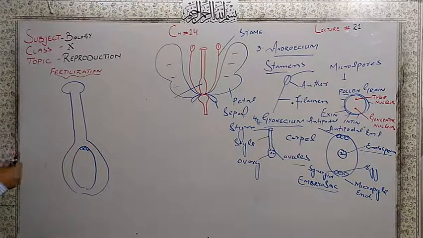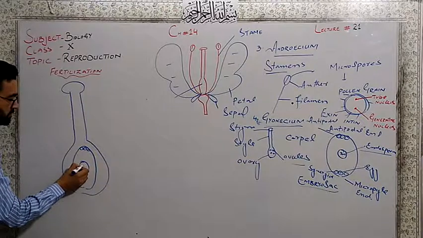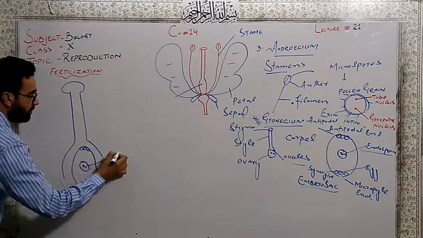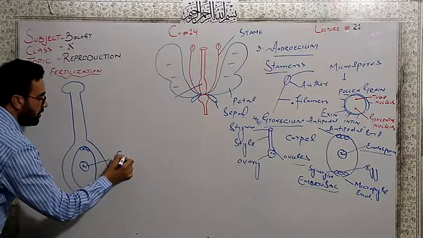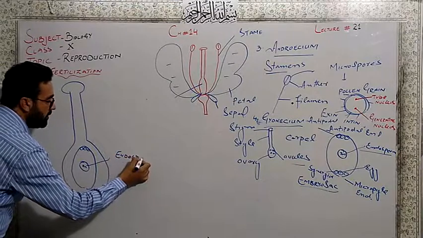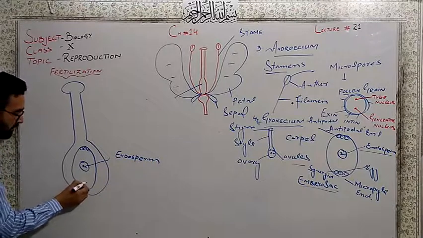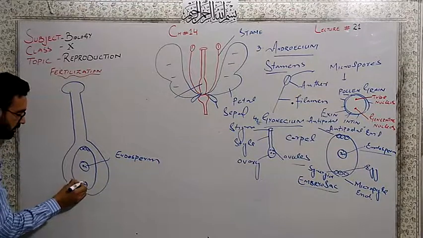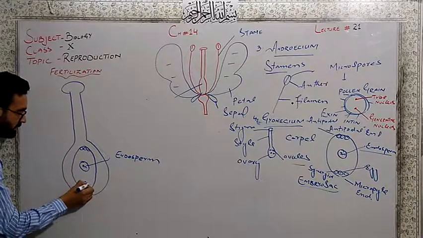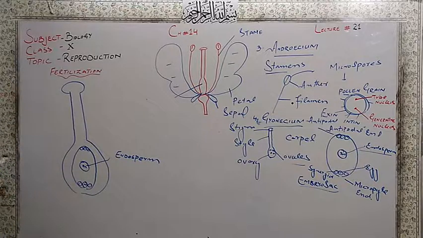We have the 2 endosperm nuclei here, and here we have the egg, and the synergids.